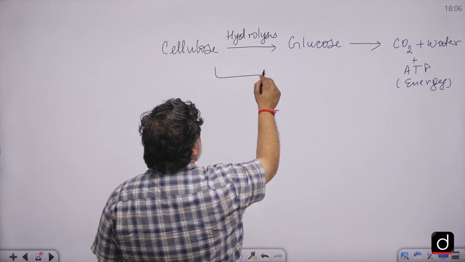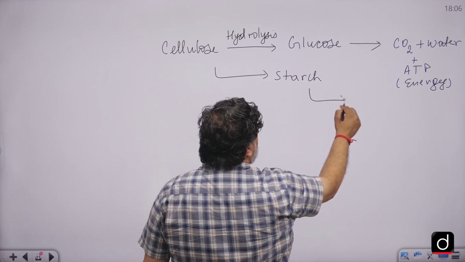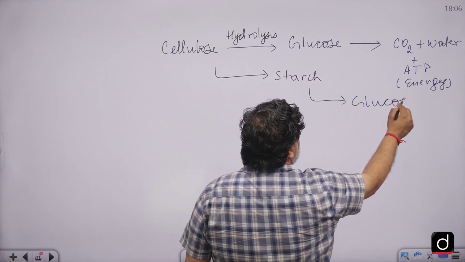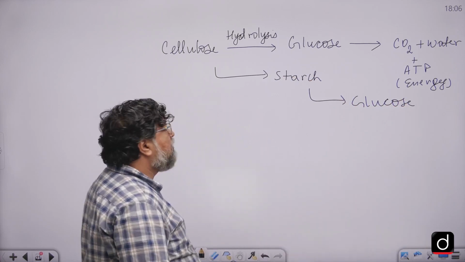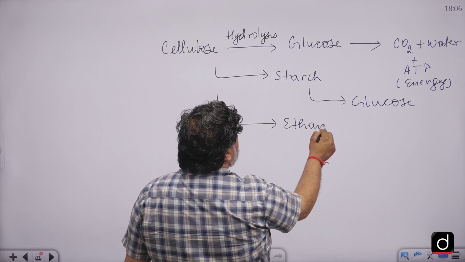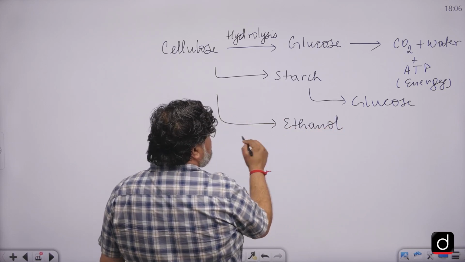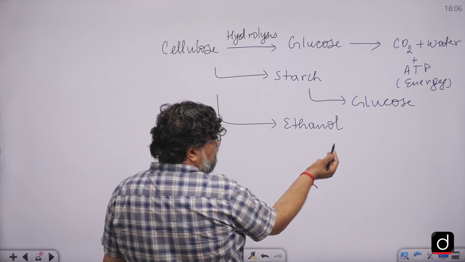Or let's say this gets converted to starch, and again the starch can be converted into glucose units. Again, these are natural processes. Or it may be converted into ethanol by, let's say, an anaerobic process. That can also be part of it.